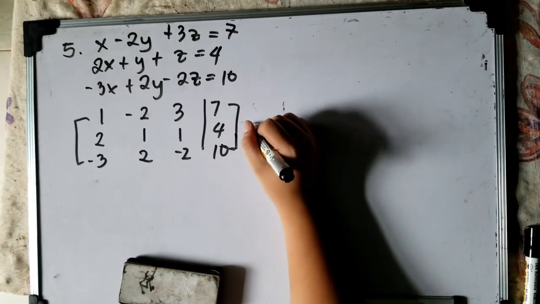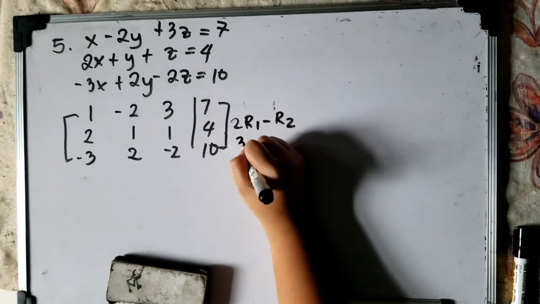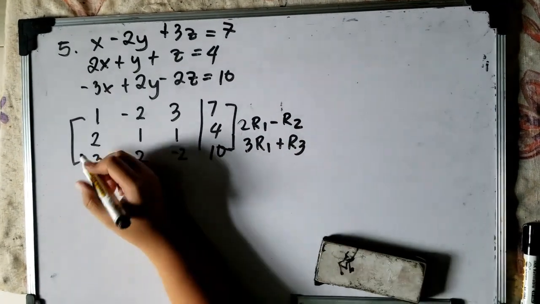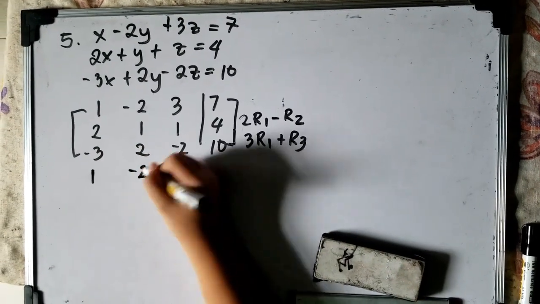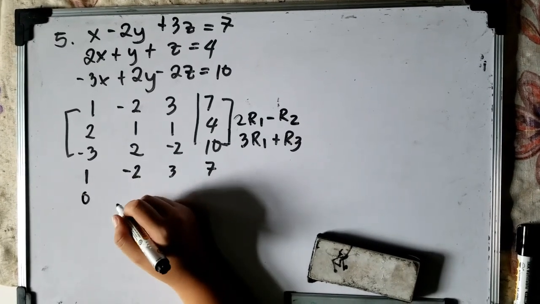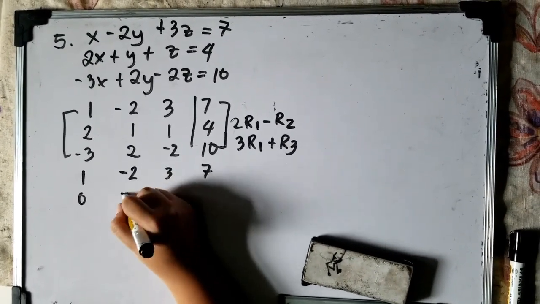So let us formulate a formula: 2 times R1 minus R2, and 3 times R1 plus R3 for the third row. And then copy the values in the first equation: 1, negative 2, 3, 7. 2 times R1 minus R2: 2 minus 2 is 0. 2 times negative 2 is negative 4, minus 1 is negative 5.